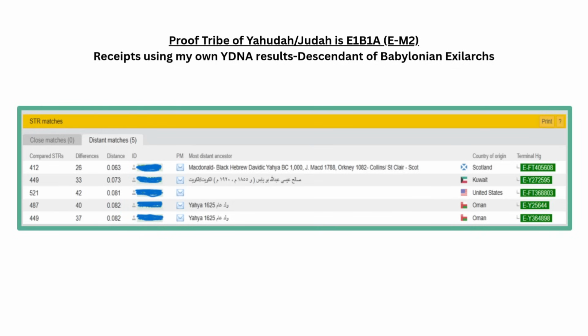Now I'll get into showing some receipts using my own DNA profile. First, let me tell you what you're looking at on the screen here. I did a Y-DNA genealogy test from Family Tree DNA. I'll get into that later, but they're one of the pioneers of Y-DNA testing.